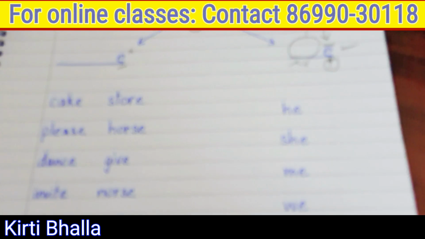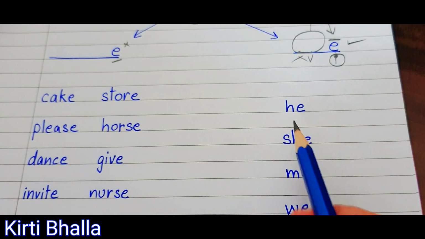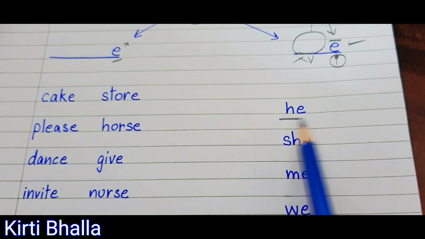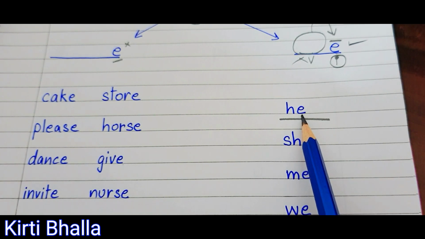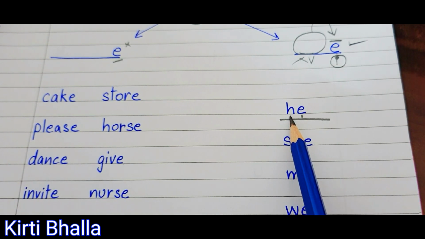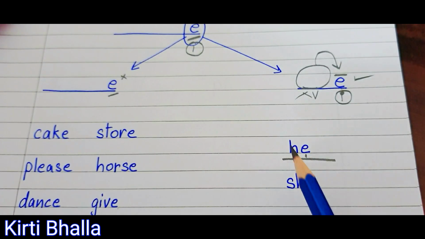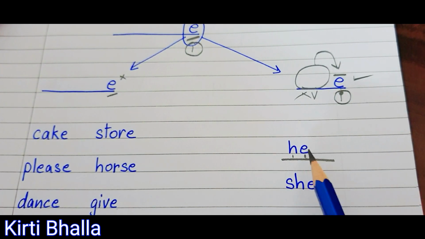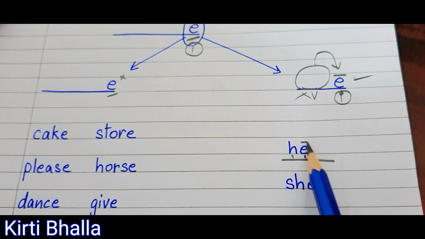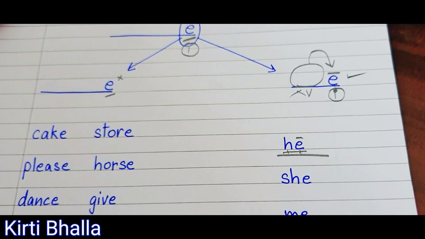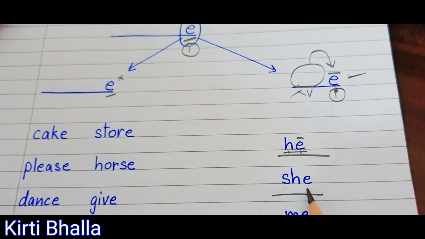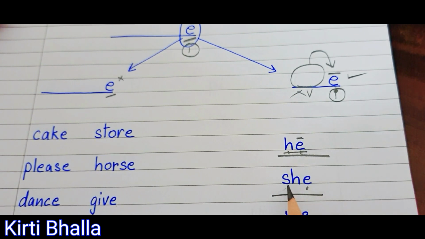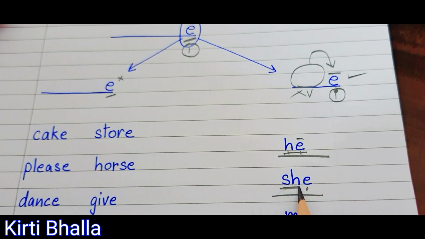Let's understand with a couple of examples. Look at this word. Here we have a single E at the end and there is only one consonant here. So in this word we are reading the letter E with its name. This word is he, "he". Next word. In this word again we have a single E at the end and there is only one consonant before it.